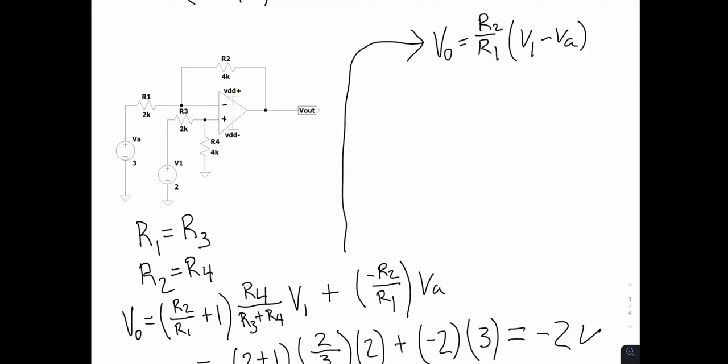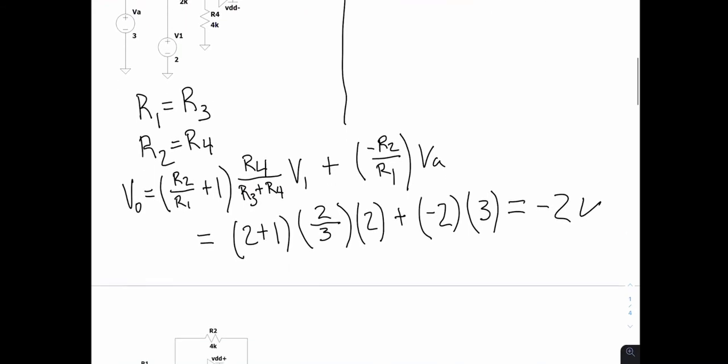Checking this answer, we're going to have 4K over 2K, which is just going to be 2, times V1 minus VA, which is 2 minus 3. We're going to have negative 1 times 2 is equal to negative 2 volts. I encourage you to check this on your own time by writing this out and solving for V1 minus VA. And you can solve for the gain R2 over R1.